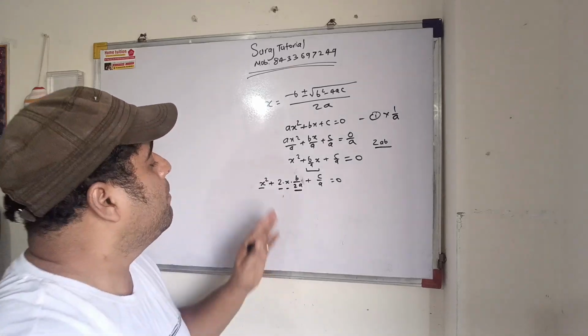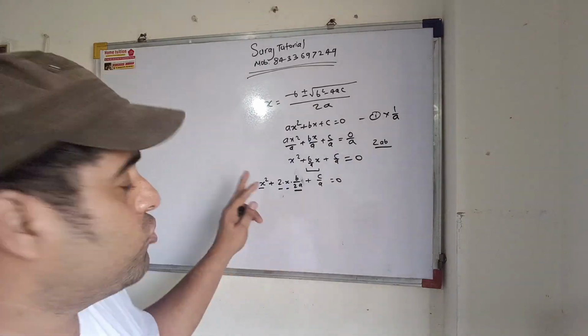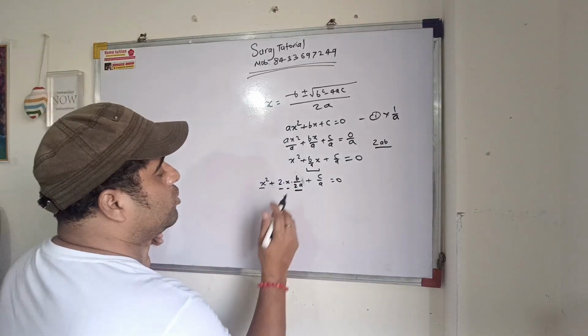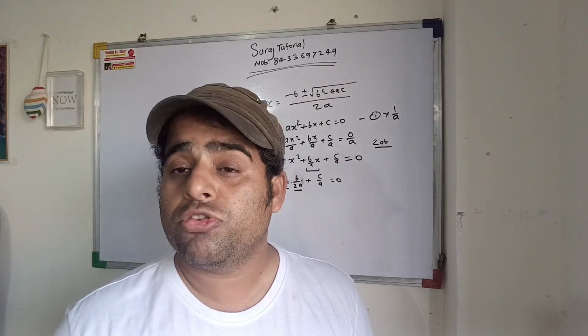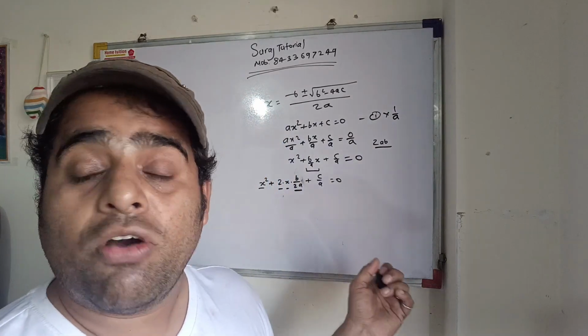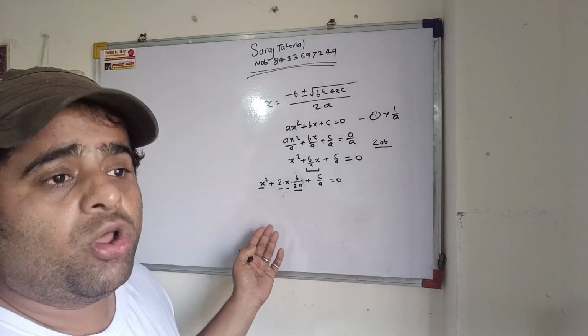So now this is a square plus 2ab. By this method we have discovered what is b. B is this one, b upon 2a. So in the formula of a plus b whole square, there is a square plus b square plus 2ab. So there is need of b square also, but there is no b square. So we have to add b square on both sides.